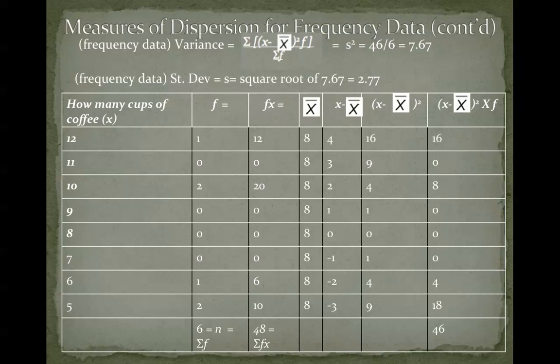So we might be able to see that there are 8 cups of coffee on average per person, but the value for each person could actually be more, or it could be less. And so in order to capture how much more or less across all people in your data set, we need one value, and that one value is your measure of dispersion. And in this case, we're using variance, standard deviation, and mean deviation.